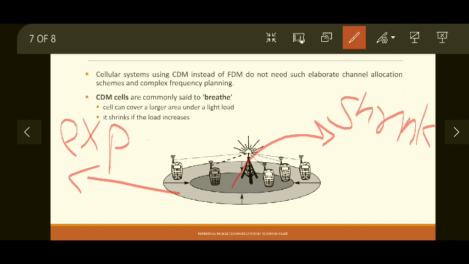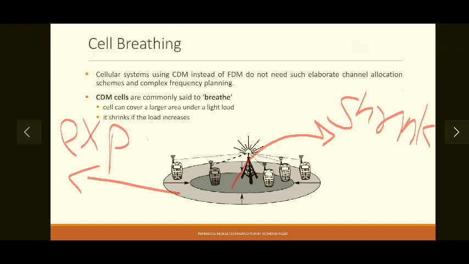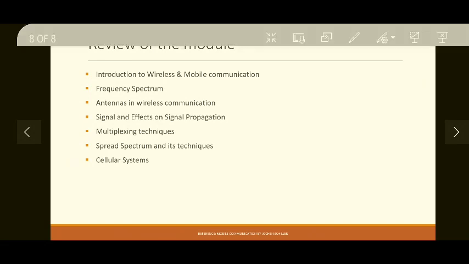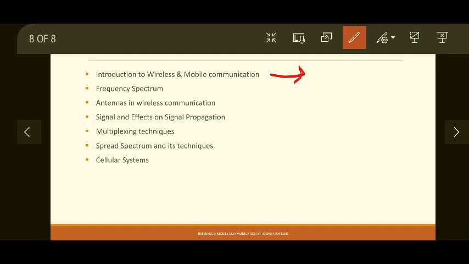So this is all we have studied in this session. We will take a quick review of what we have studied in the entire module, because this marks the end of module 1. Initially we saw what is wireless communication and what is mobile communication. Then we saw the different advantages of wireless communication over wired communication.